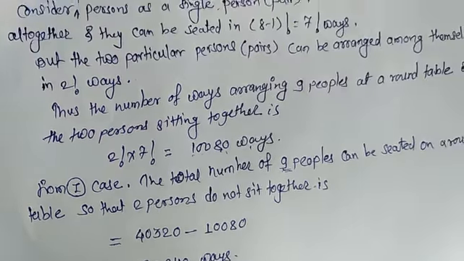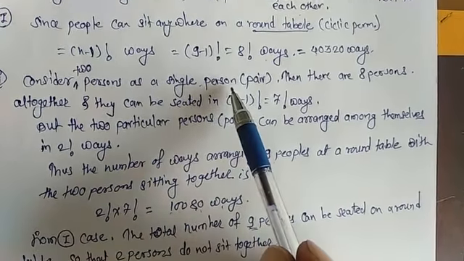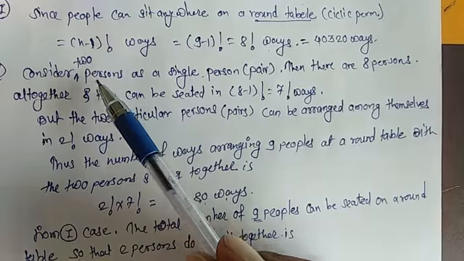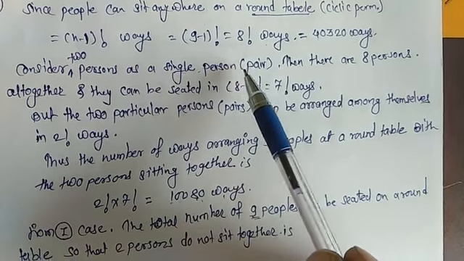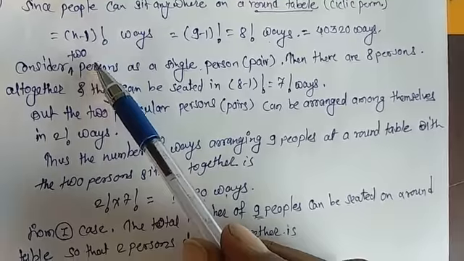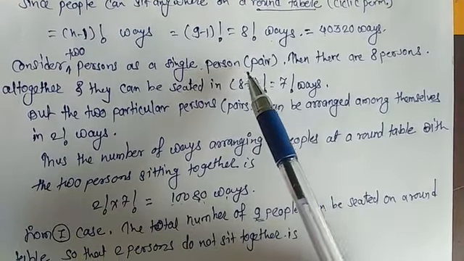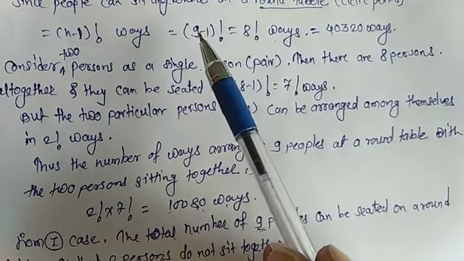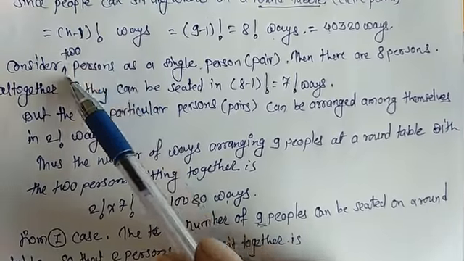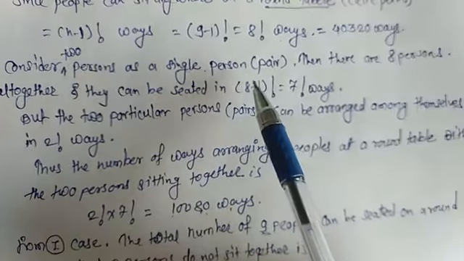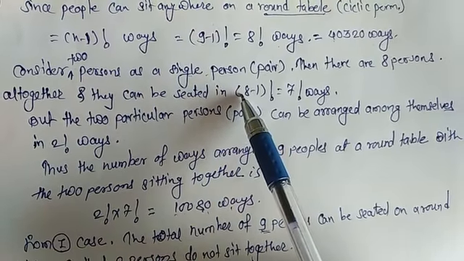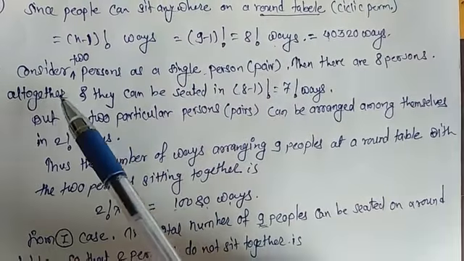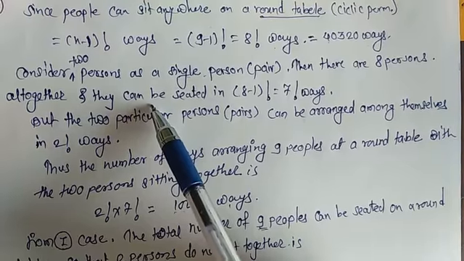Okay, so in this example you must consider this step an important step, because here we first consider 2 persons as a single person. From 9, 2 persons are considered as a single pair, so 9 minus 2 is 7, plus the single pair, so we get 8. Here n will be 8, and 8 minus 1, which is 7 factorial ways, is how 8 persons altogether can be seated at a round table.